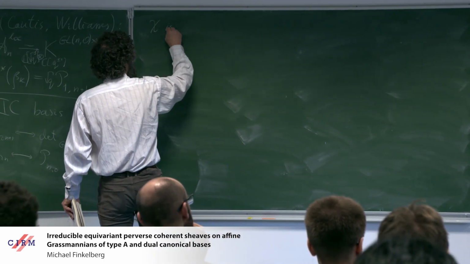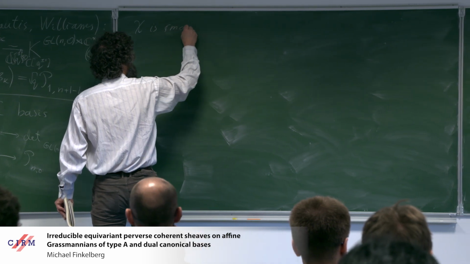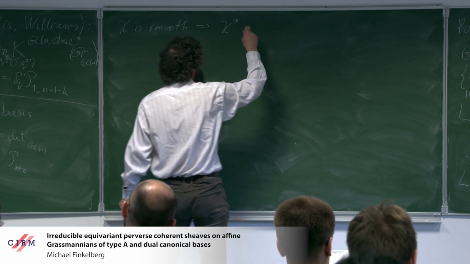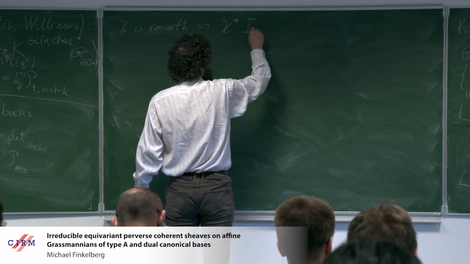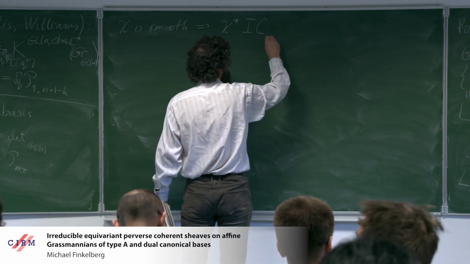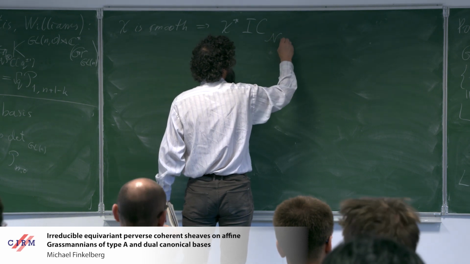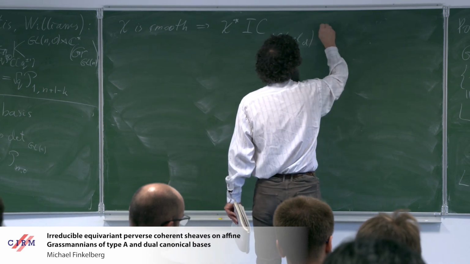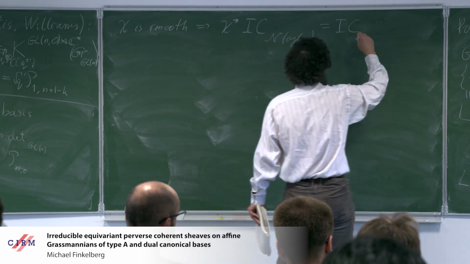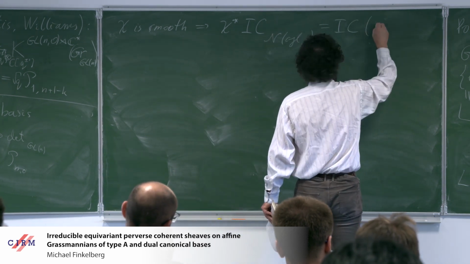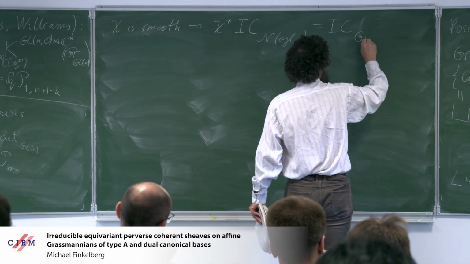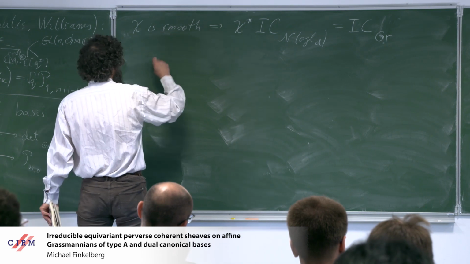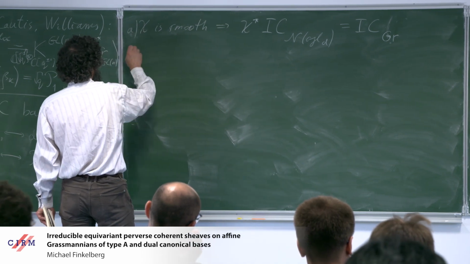Now chi is smooth, and hence the pullback of IC sheaves on the nilpotent cone of GLD are IC sheaves on the Grassmannian. Okay, say this is the first thing.